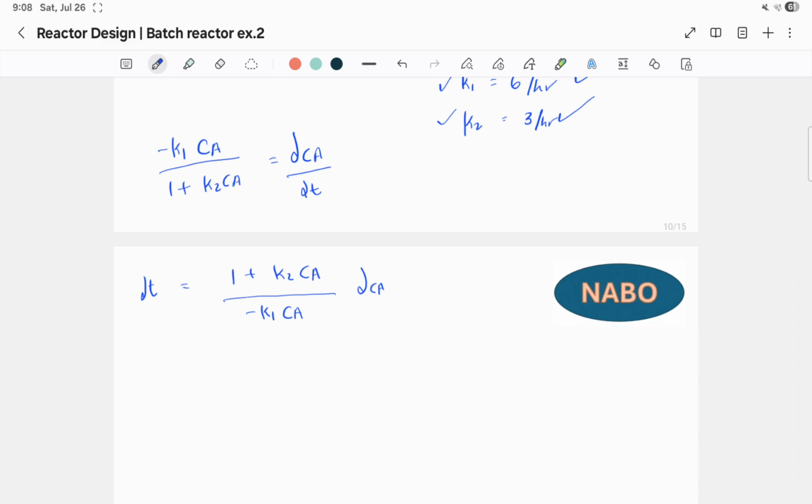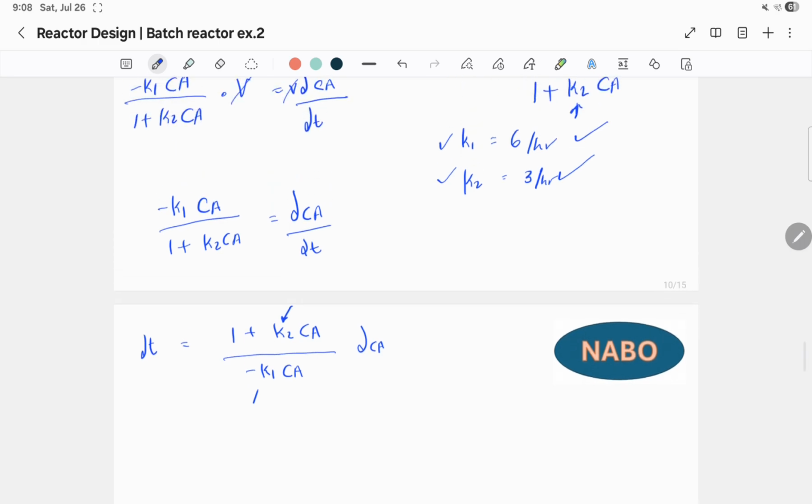We'll integrate both sides, but before we do that, we'll plug in the values for K1 and K2. So K2 is 3 per hour, and K1 is 6 per hour. We'll leave this negative on the other side here.